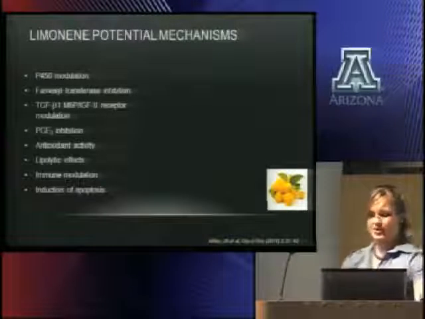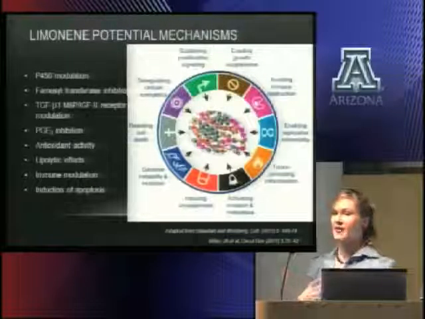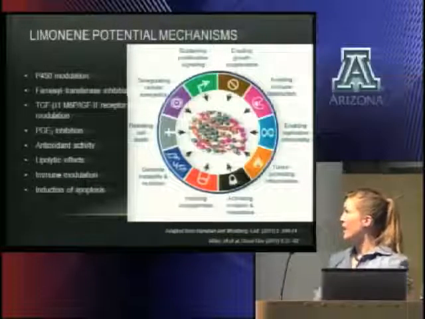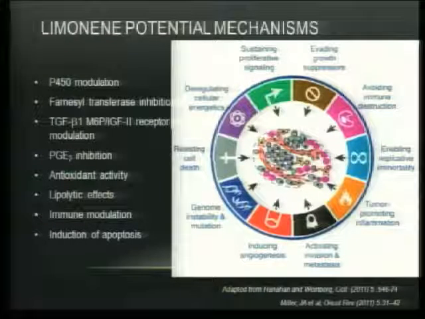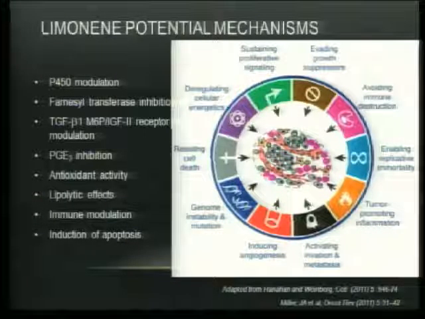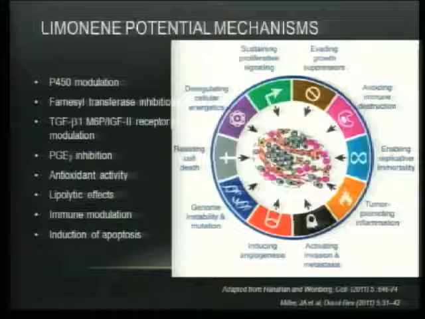I think it's important to relate these mechanisms back to the hallmarks of cancer. I think most people are familiar with this diagram from the Hanahan and Weinberg paper in Cell in 2011. We have the hallmarks of cancer: sustaining proliferative signaling, avoiding immune destruction, resisting cell death, tumor promoting inflammation, et cetera.